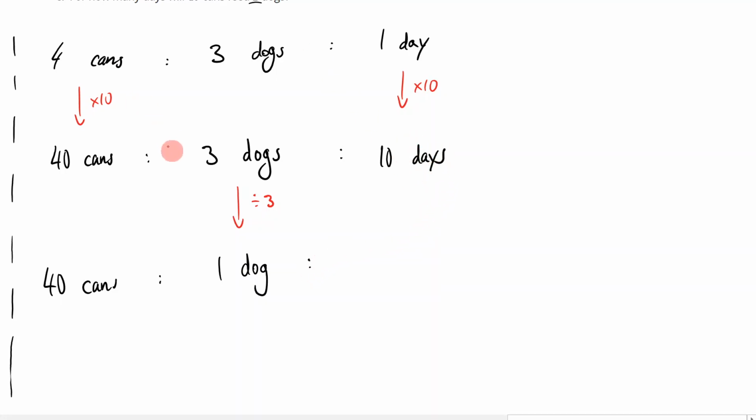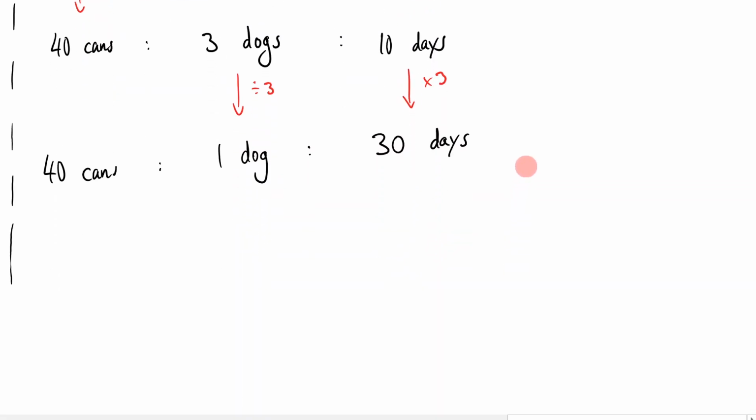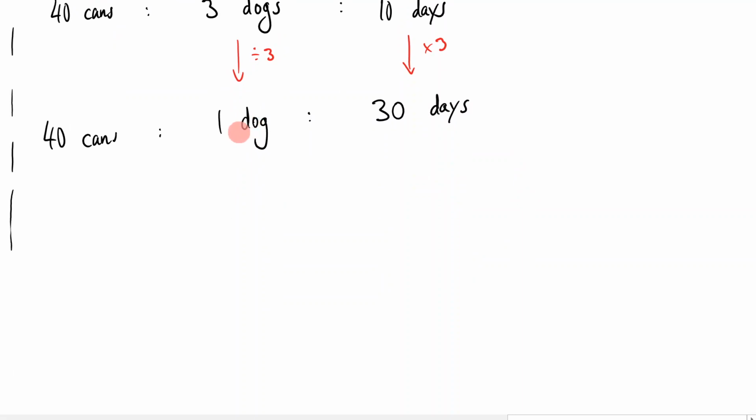Now, this is where we have to think. If I have less dogs, I can feed them for more days with the same amount of food. So times this by 3. Inverse operation. So this is now 30 days. But remember, we want this to be 2 dogs, not just 1 dog. So I'm now going to have to times this one by 2.